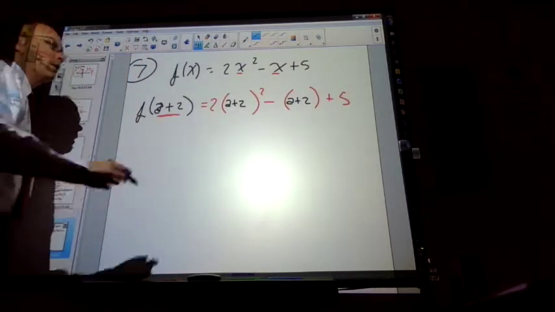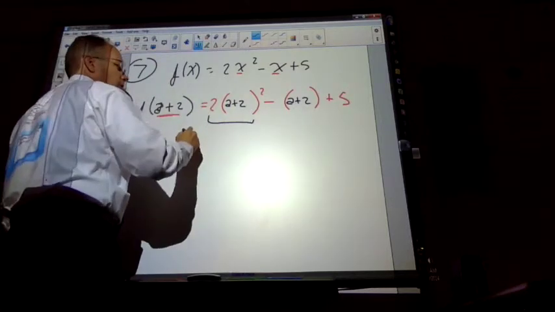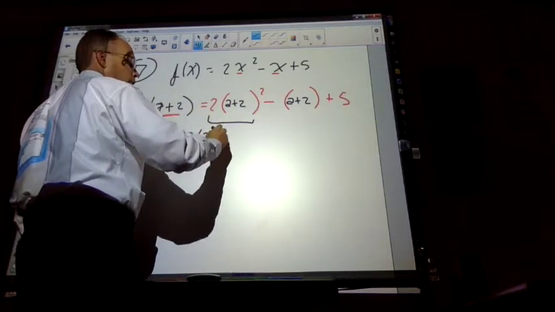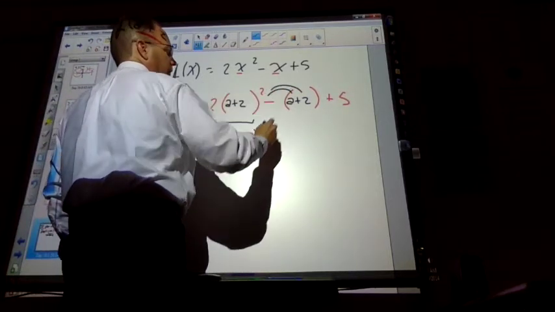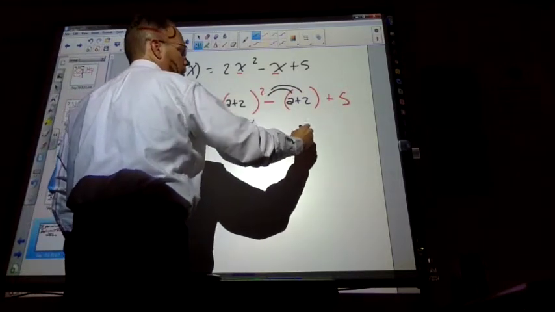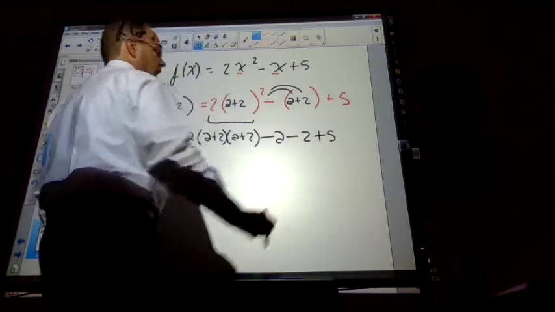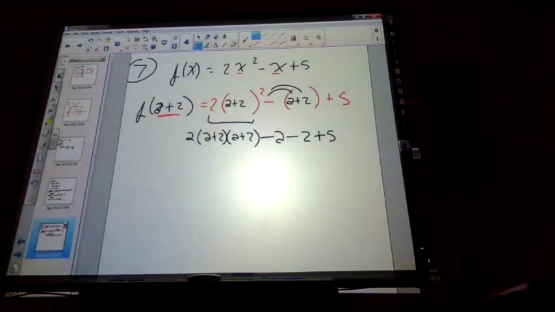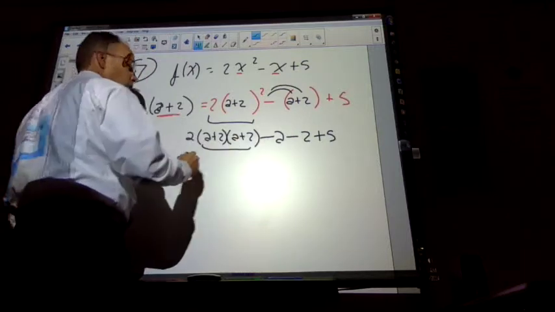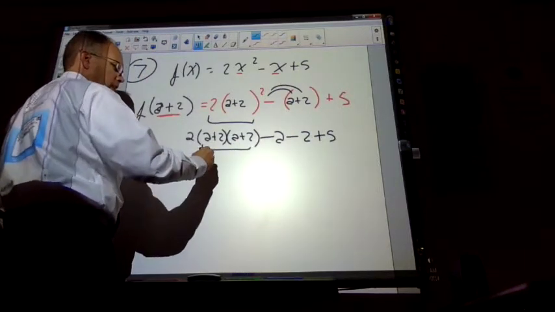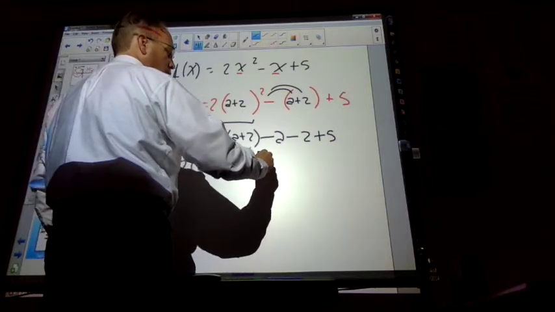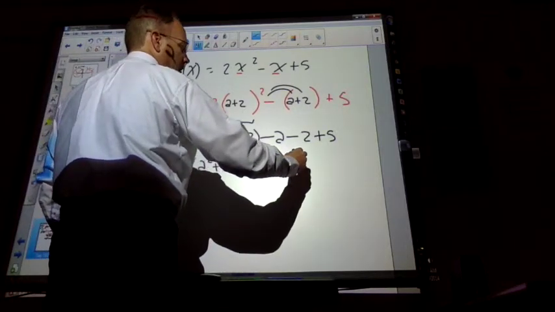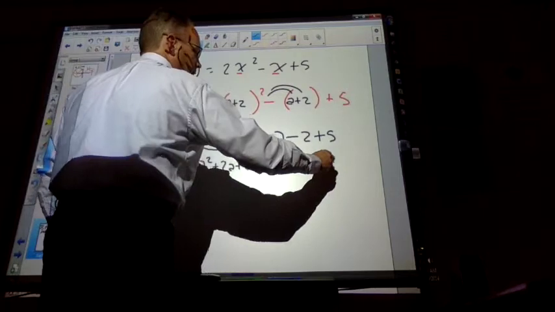So this first part right here is going to be 7a, plus 2, a plus 2. I can distribute the negative here and here. I'm going to FOIL this and then distribute the 2 in. So I get a squared plus 2a plus 2a plus 4 minus a minus 2 plus 5.